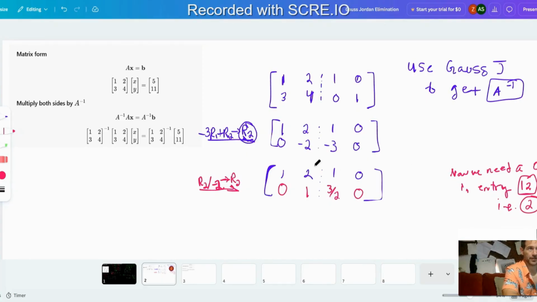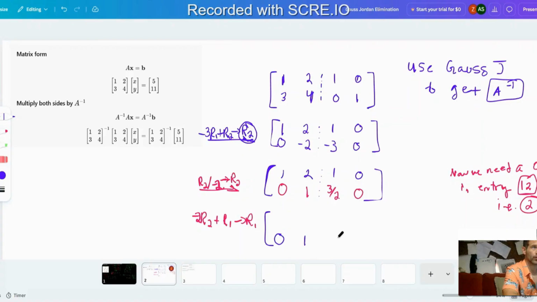We don't need a 2, we need a 0 right here. So what we have to do now is we have to take negative row 2. In fact, we say negative row 2 times 2. So negative 2 times row 2 plus row 1 goes to row 1.